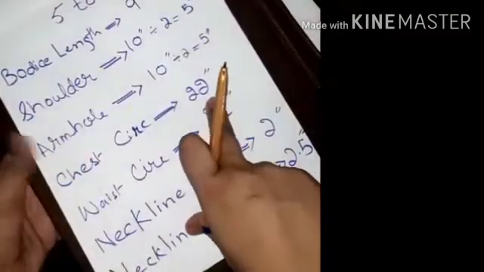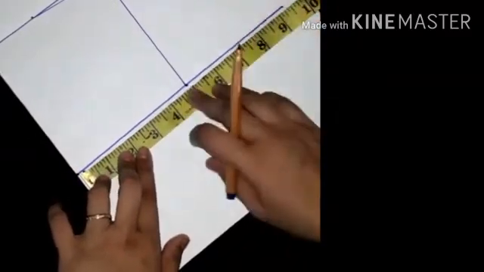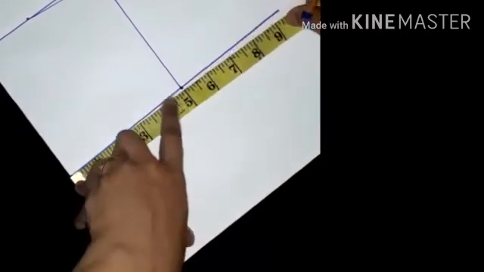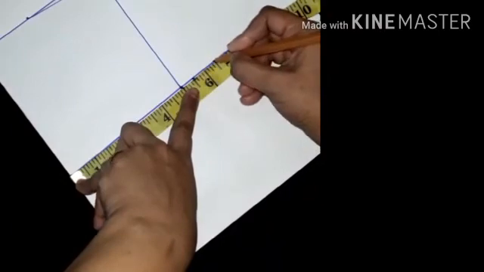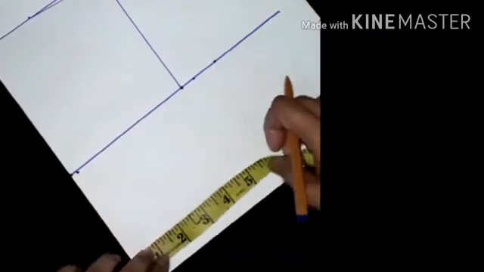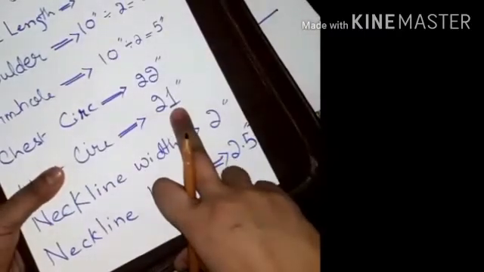Now take the measurement of chest circumference. Total chest circumference is 22 inches. So I divide 22 by 4. Then I get 5.5 inches. But I take 6.5, 1 inch for seam allowance. Now take the measurement of waistline circumference.